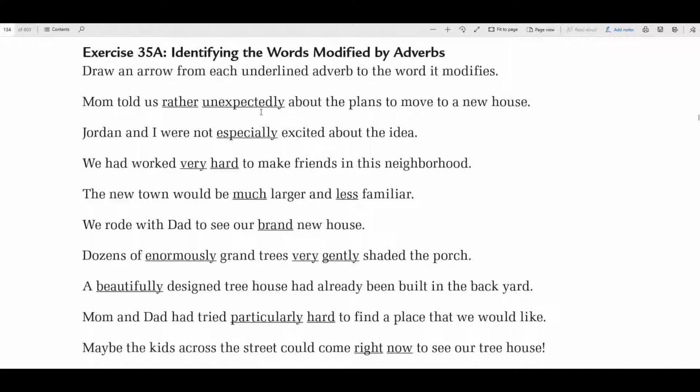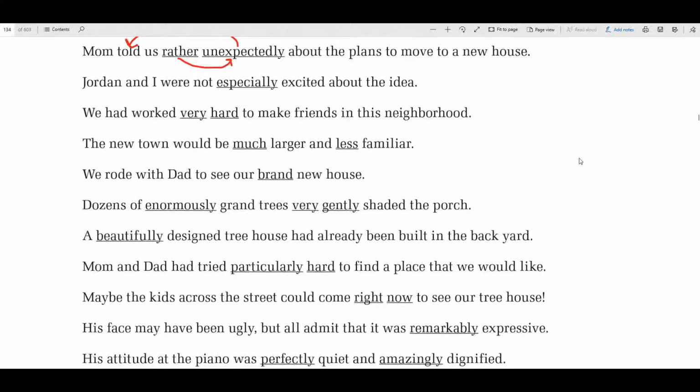These tell how she told. Okay, now she didn't tell them rather, she told them unexpectedly. So unexpectedly modifies told. Rather tells to what extent. Rather unexpectedly. Does that make sense? Okay, so go ahead and pause it while you finish the rest of these, and then we will check it.